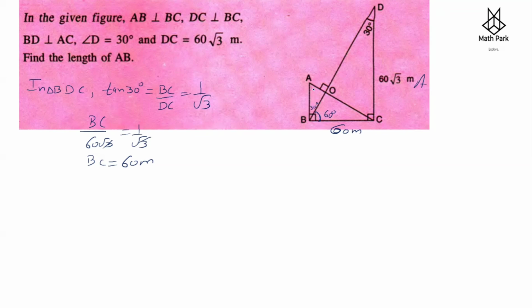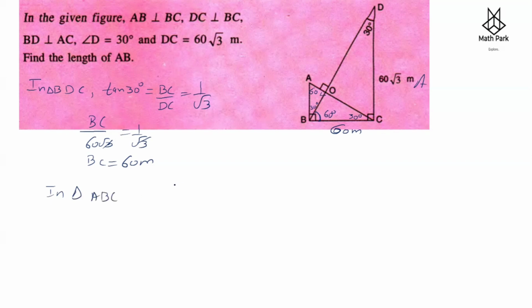If this angle is 30 degrees, then this is again a right angle triangle. Got it? Other way also, if you take right triangle BOC, by angle sum property, we'll get this as 30 degrees. And then in triangle ABC, if this is 30 and angle B is 90, this is going to be 60. Got it?